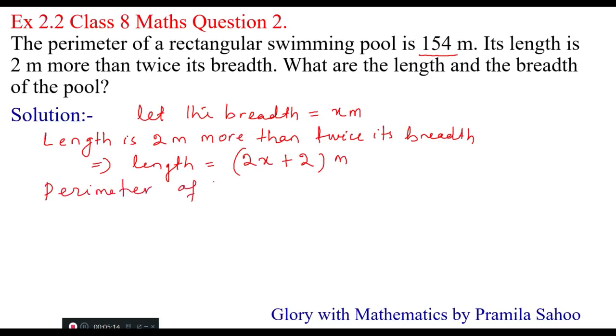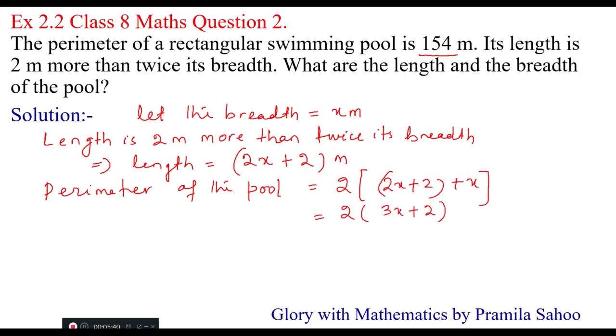We know a rectangle has the perimeter 2 whole into length plus breadth. So 2 whole into 2x plus 2 plus x, which is equal to 2 whole into 3x plus 2 meter.